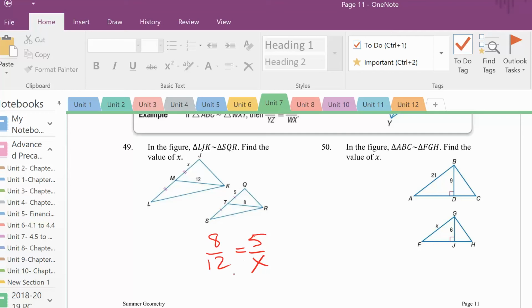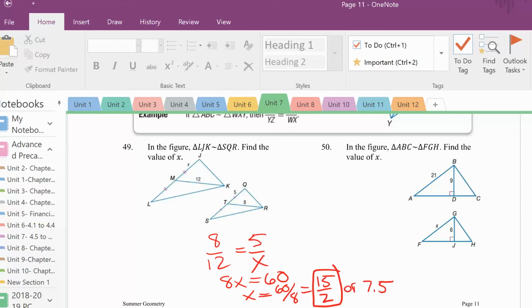All right, so then you cross multiply, you get 8x equals 60, and x equals 60/8, which reduces to 15/2. So that's the value of x, which is otherwise known as 7.5.